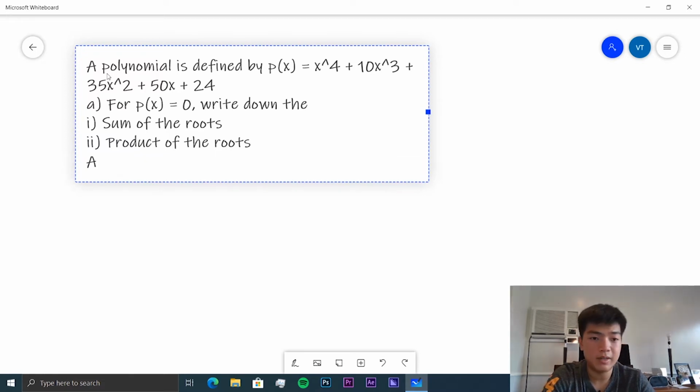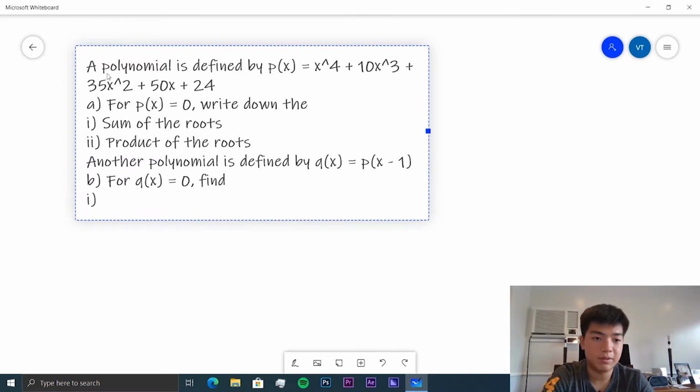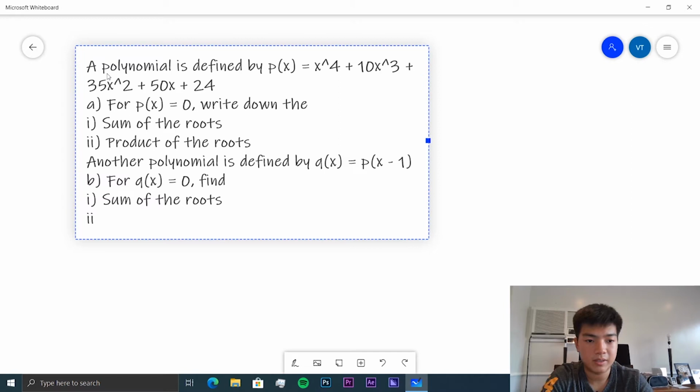And then we have another polynomial defined by q of x is equal to p of x minus 1, and so for q of x is equal to 0, find the sum of the roots and the product of the roots.